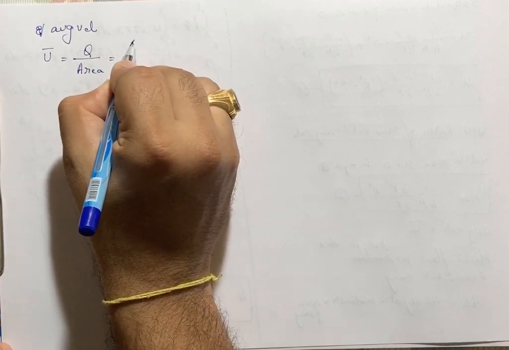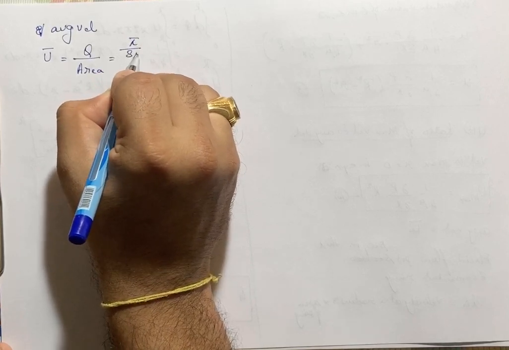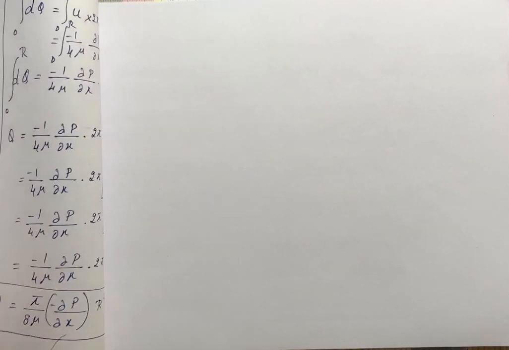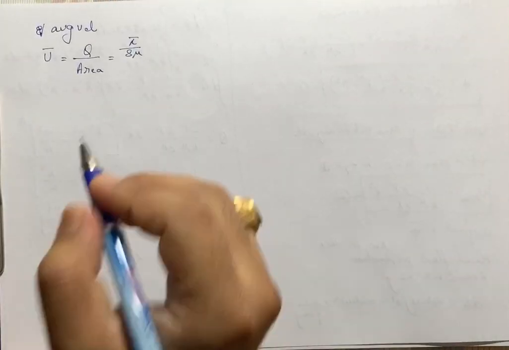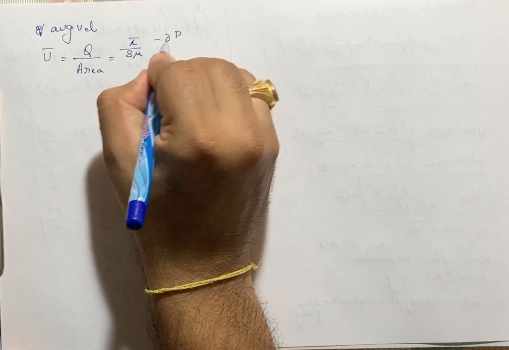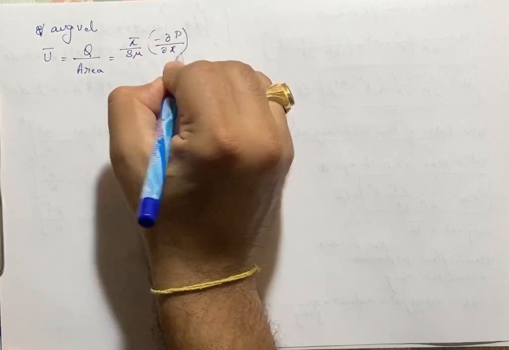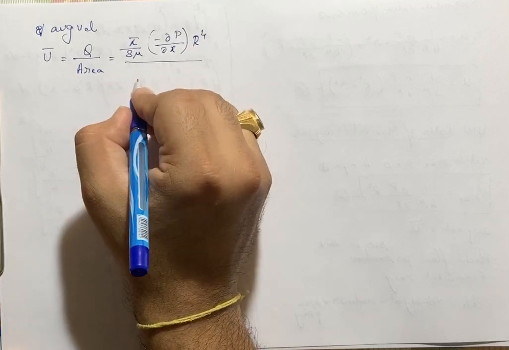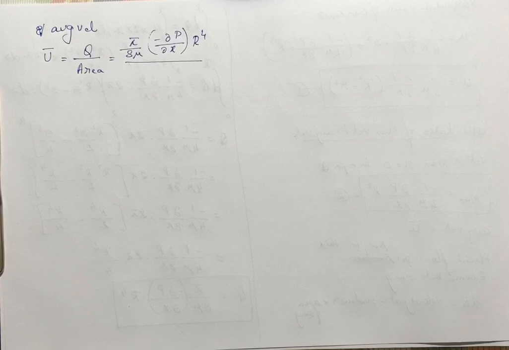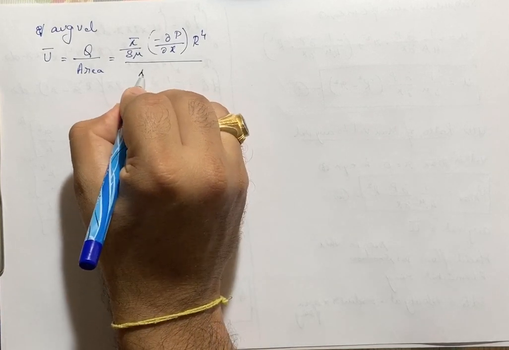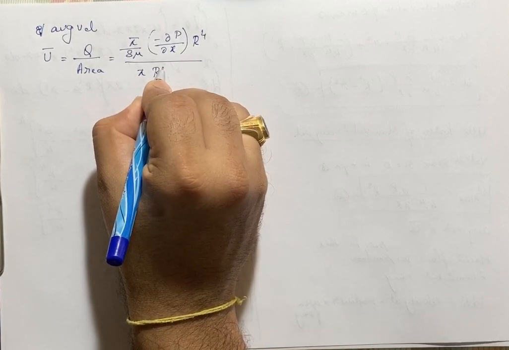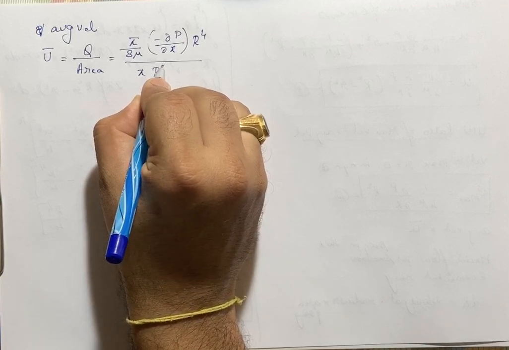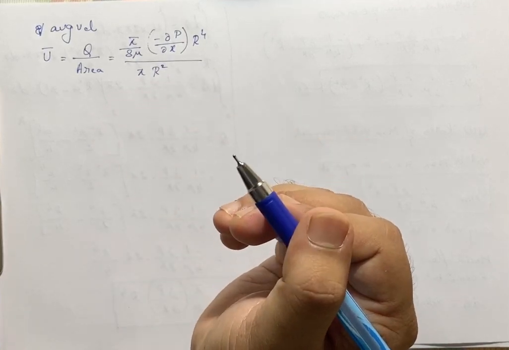Discharge Q we got pi divided by 8 mu, minus dou p by dou x into r raised to 4 (with capital R raised to 4 for the pipe radius), whole divided by area, that is the cross section, pi d square by 4, or pi r square here.